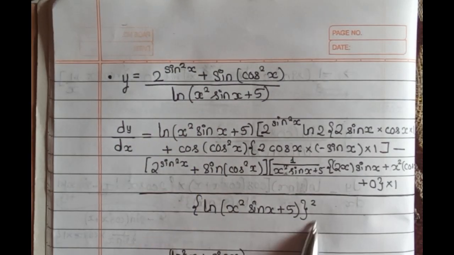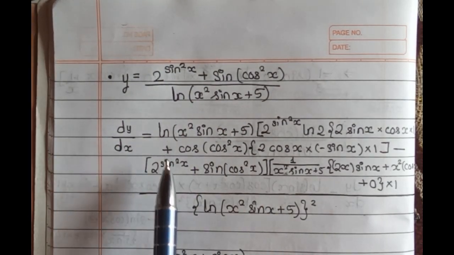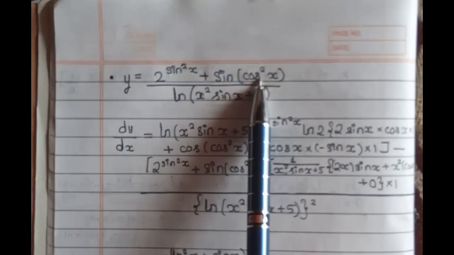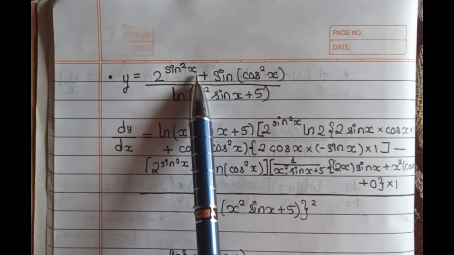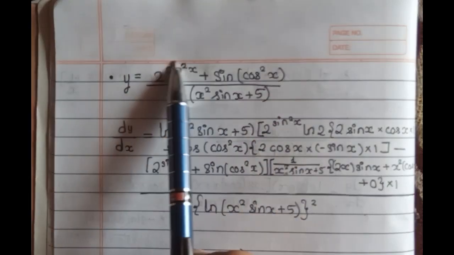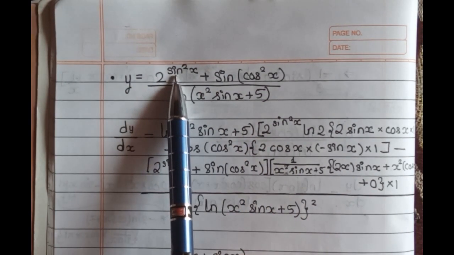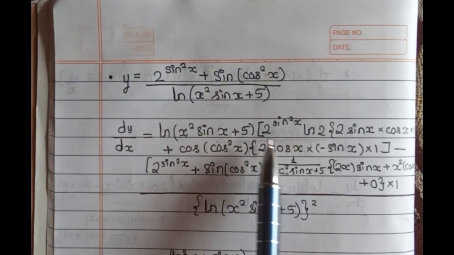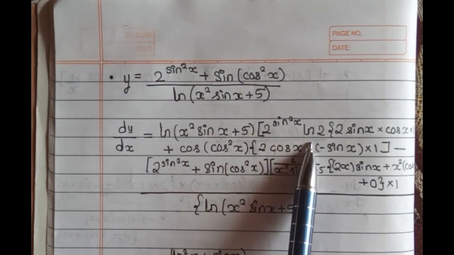So square the denominator, then keep the denominator constant, differentiate the numerator. 2 power sine square x is 2 power sine square x ln 2. Here treat this as a power x function, so it will become a power x ln a. So 2 power sine square x into ln 2.